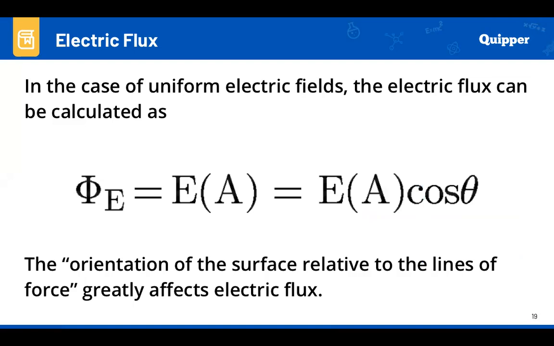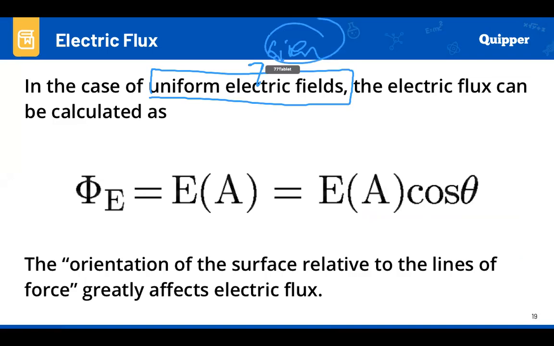Okay? So this will be our main formula in finding the electric flux. Okay? So in the case of a uniform electric field, when we say uniform electric field, this one is already given. Okay? So when our electric field is already given, we can use this formula. This is a Greek symbol called phi.